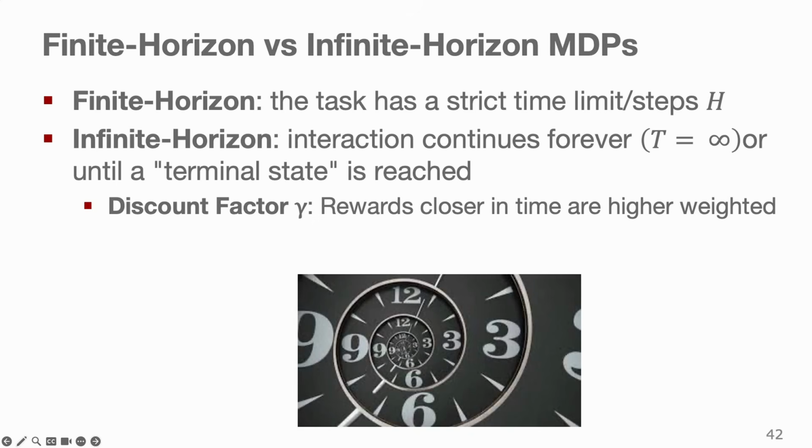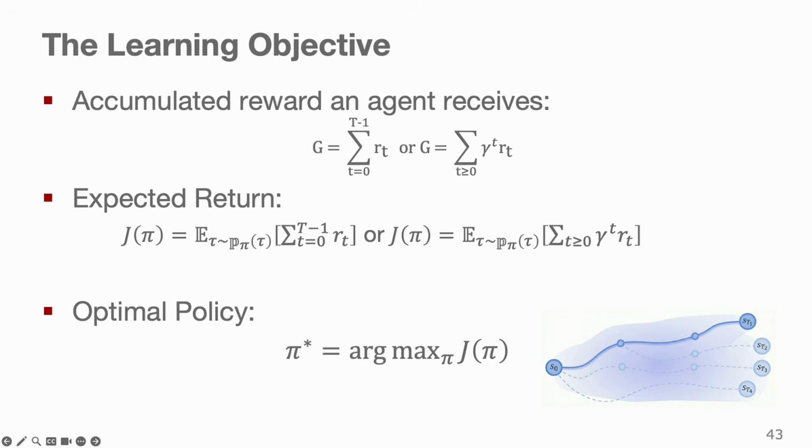Maybe one thing to note here is that in principle, if you use this formulation, there would be no way for the robot to know which policy is better if you accumulate infinite rewards over time. And this is why we typically solve this with a discount factor, gamma, which you set between 0 and 1, to ensure that the rewards closer in time will get weighted more heavily than rewards in the distant future.